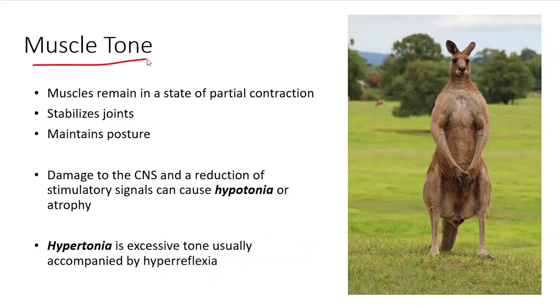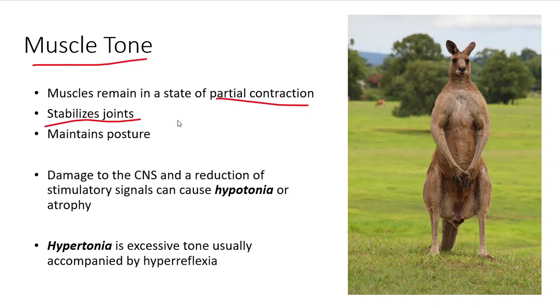Muscle tone. The only time you have no muscle tone is when you're dead. You're going to have even partial contractions, even when you're asleep. This helps to keep our joints together. It pulls the bones together, especially on the shoulder joint. There's not much in the way. I mean, the ligaments are there, and that's great.